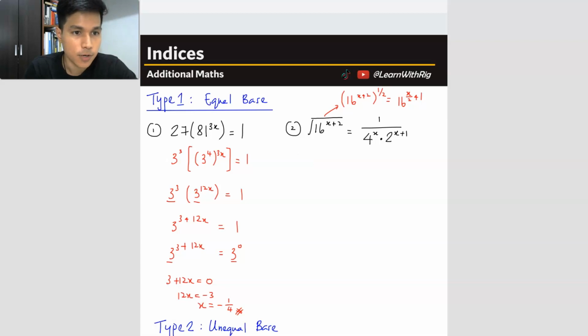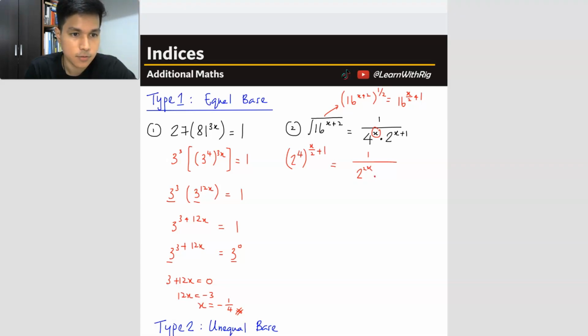Now we are going to change all of them into base 2. So you change to base 2, you get 2 power 4. 2 power 4 is 16, and don't forget you still have x over 2 plus 1, equals 1 over 4 power x, which you can change to 2 power 2, and then multiply with the x here. So you straight away write 2x.